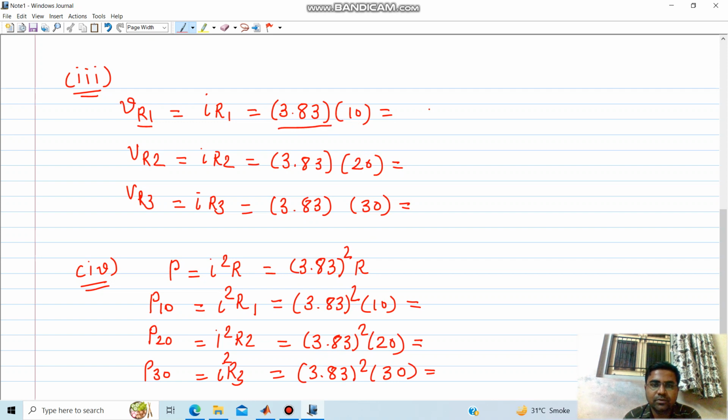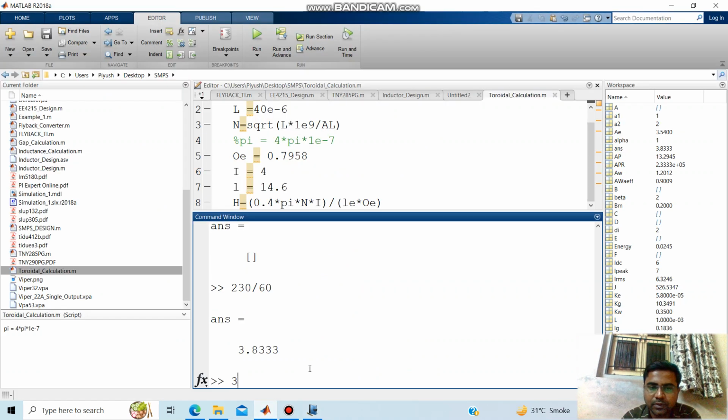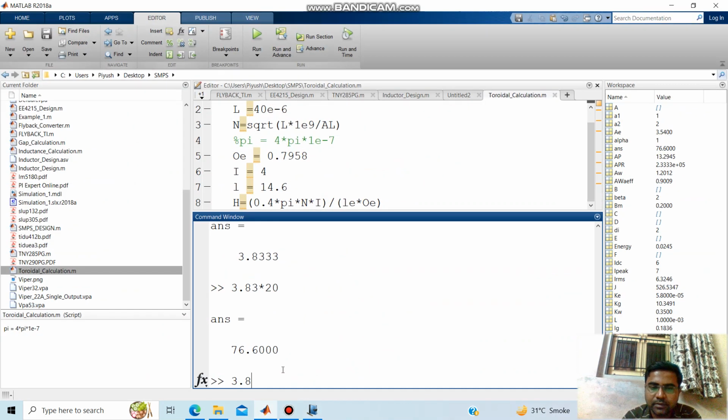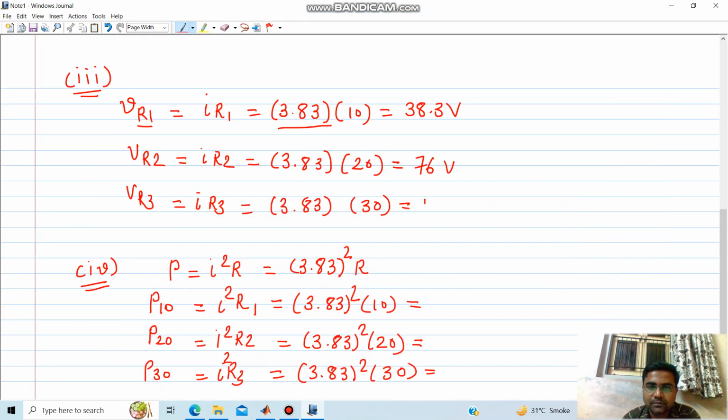Here you will get the voltage drop, so it would be 38.3 volt. That would be 2 times this, so 3.83 times 20 would be 76 volt, and the last one, 3.83 multiplied by 30, is 114.90. Now if you sum VR1, VR2 and VR3, what is expected is that the sum must be the supplied voltage.